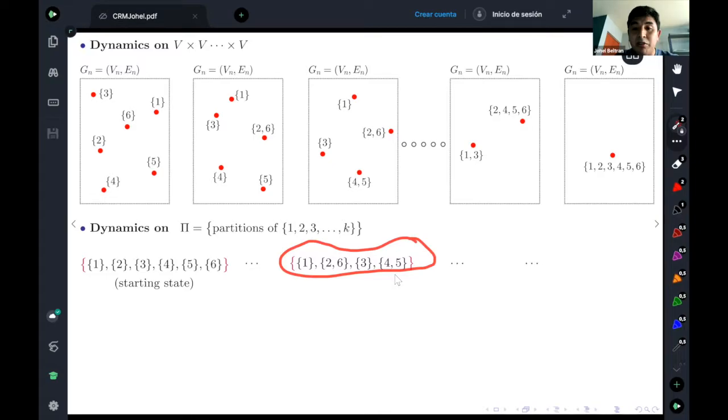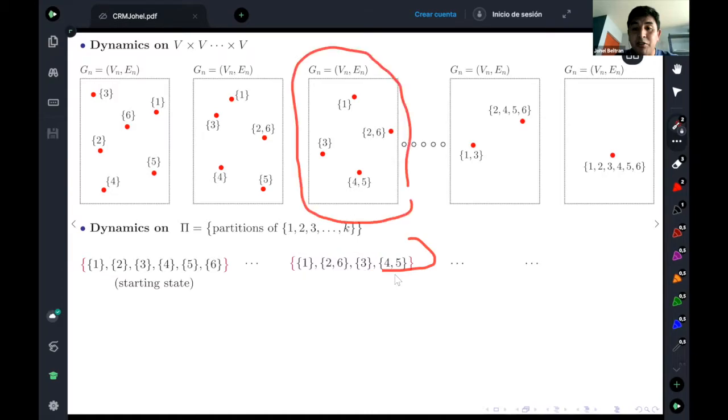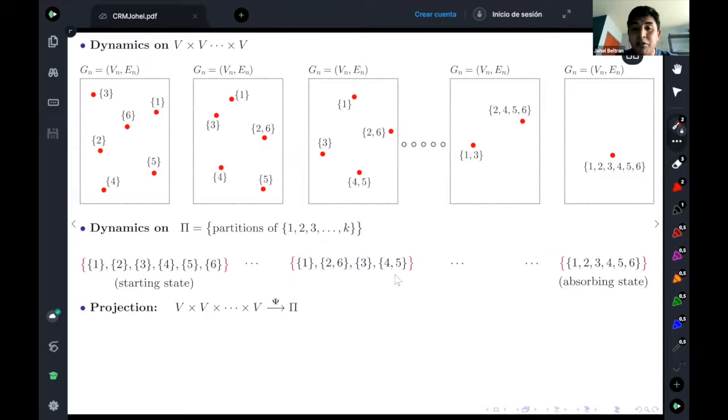Of course, we are losing information, because for a given partition there are many configurations of particles corresponding to it. The final state for these dynamics is the trivial partition. In some sense, we are taking a kind of projection from this large state space, which is becoming larger and larger, to this simplified state space, which is fixed.